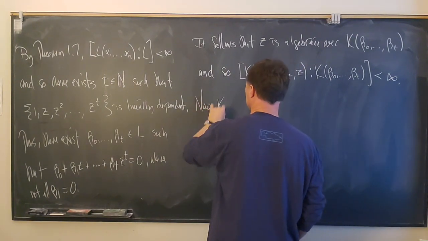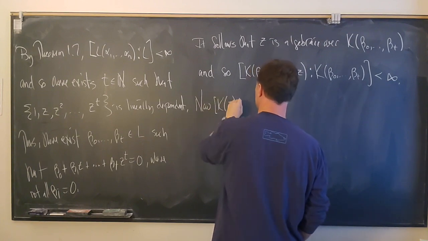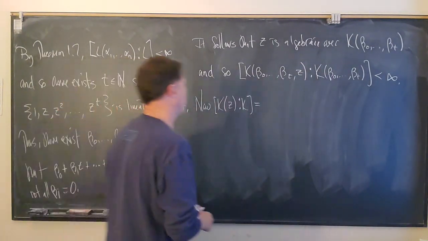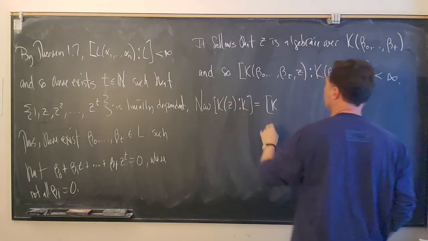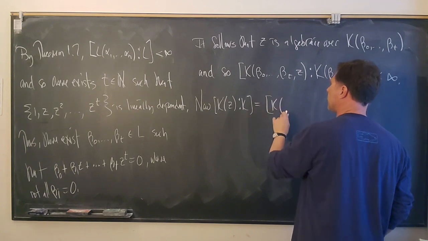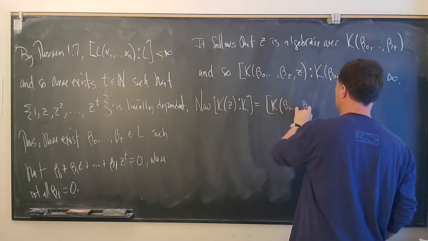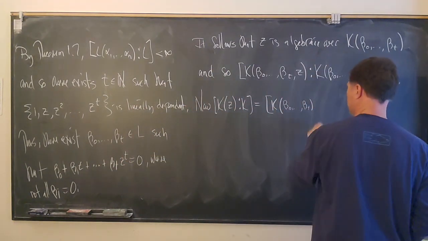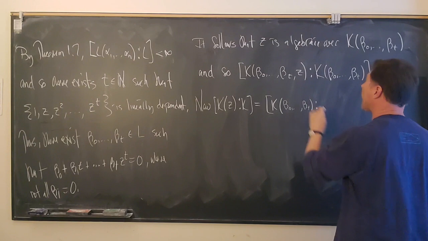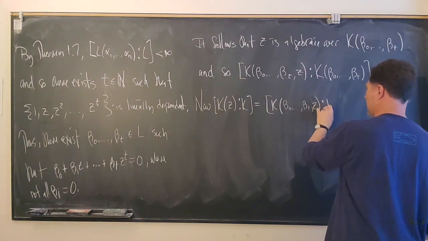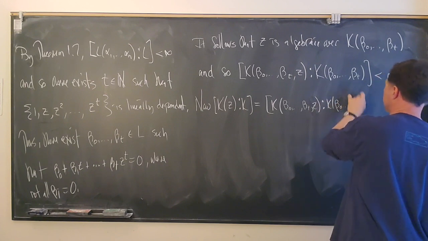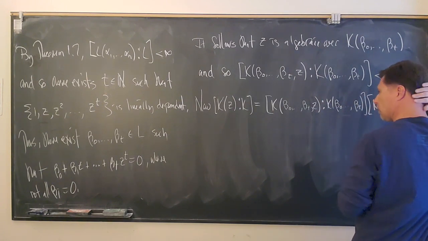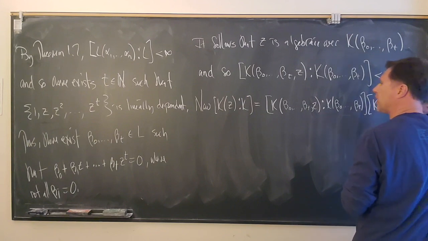If I look at the degree of the extension K adjoin z over K, and apply the Tower law here, this is going to be K adjoin beta 0 up through beta t, with z, over K. Wait, something's weird here.